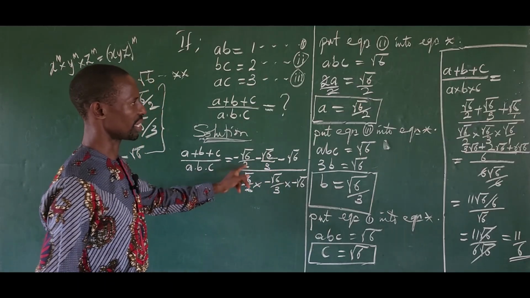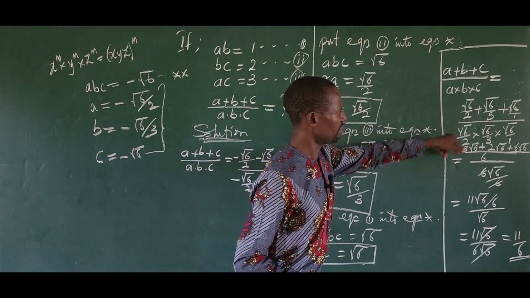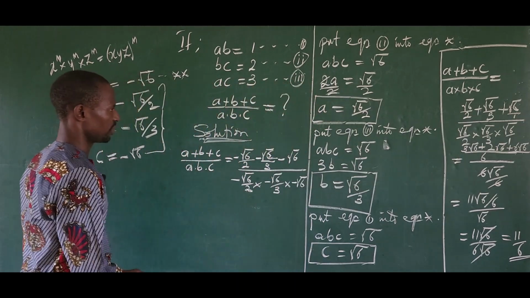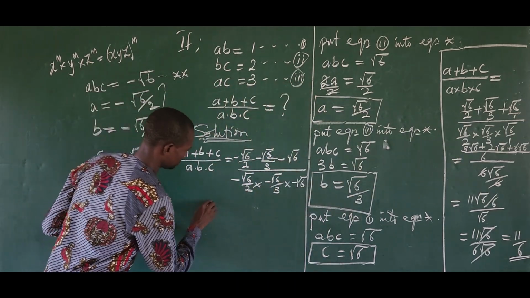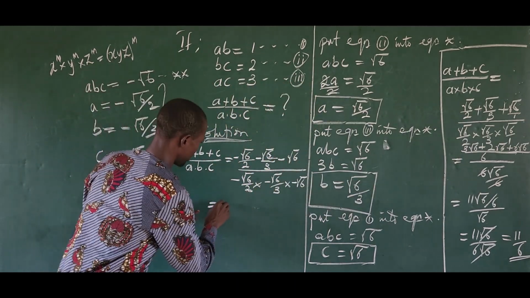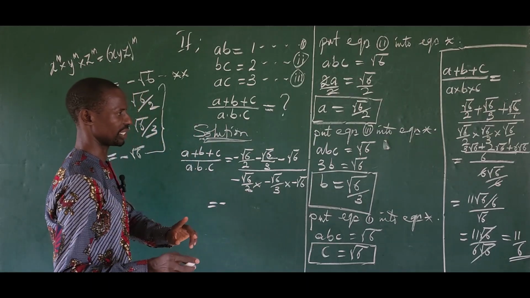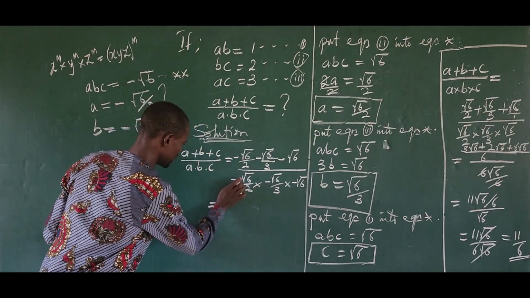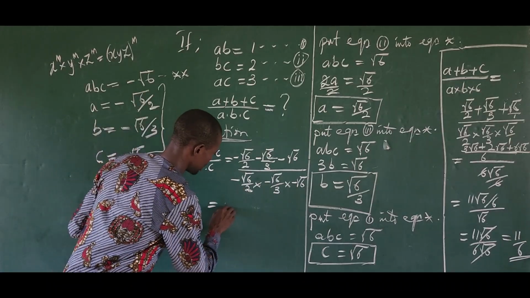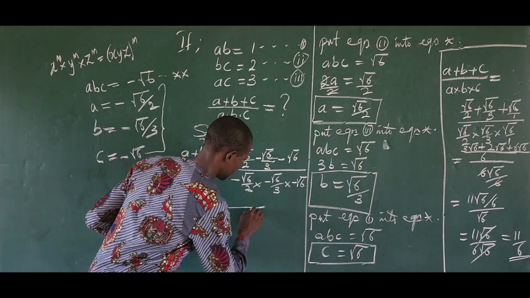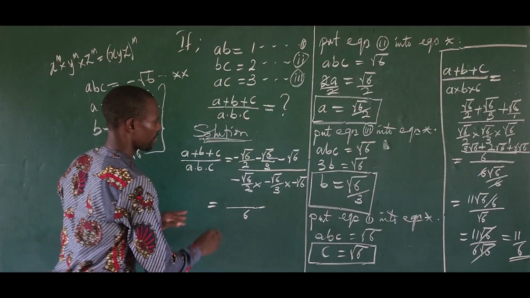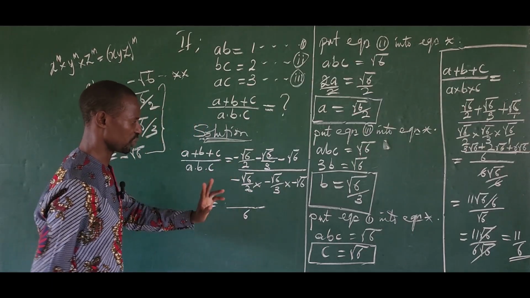So if we carry out this simplification again, we're going to have the same LCM. The difference between this and this here is just the minus sign we're going to have, right? So let's go gradually. Our LCM, let's take it to be 6 here. Then this into this, we said is 3.